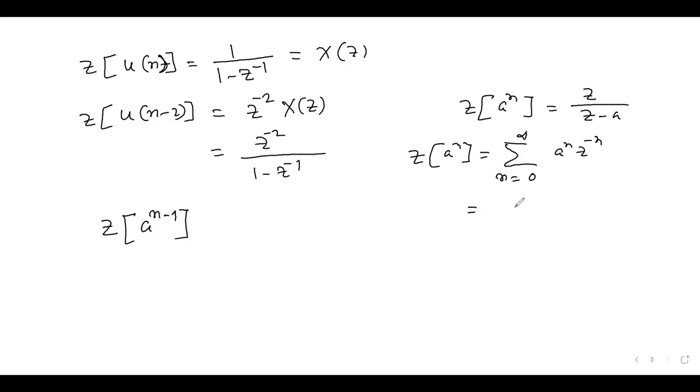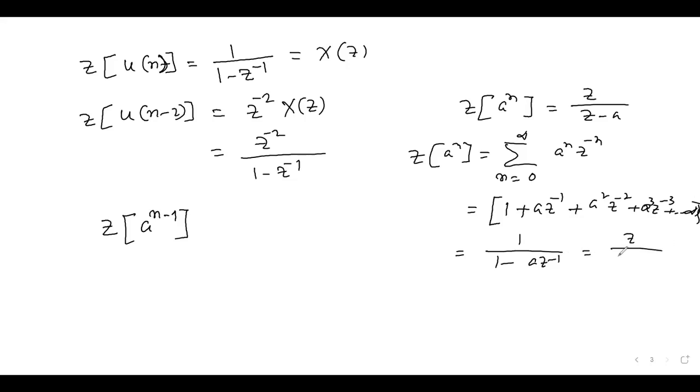If you put n equal to 0, it will be 1 plus a z inverse plus a squared z to the power minus 2 plus a cubed z to the power minus 3 up to infinity. That means this is 1 by 1 minus a z inverse, that is z by z minus a.